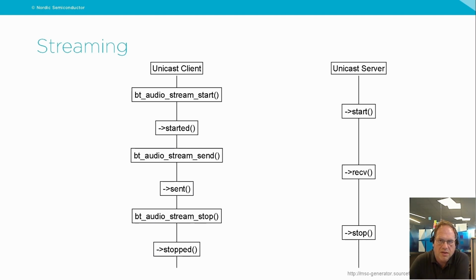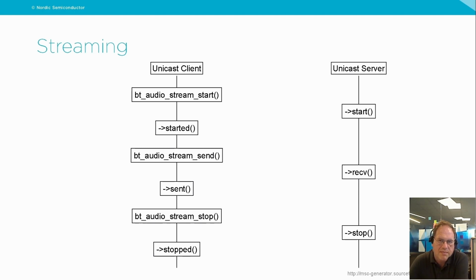So the client does a stream start call, the server gets a start callback, and the client gets a started callback. After this, the client must at regular intervals call the BT audio stream send with data to be sent to the server. Server will receive the audio data in the receive callback, and the client gets the sent callback.